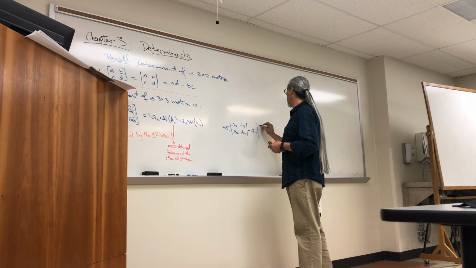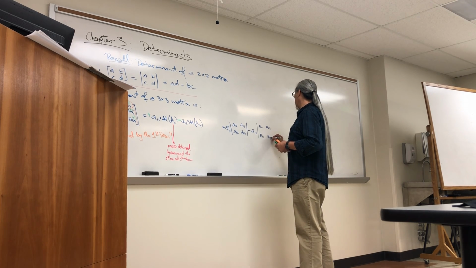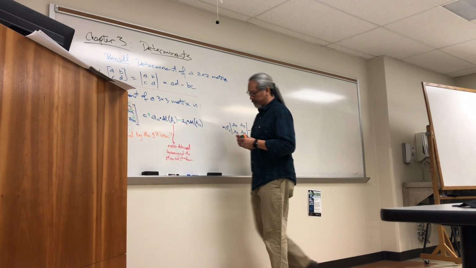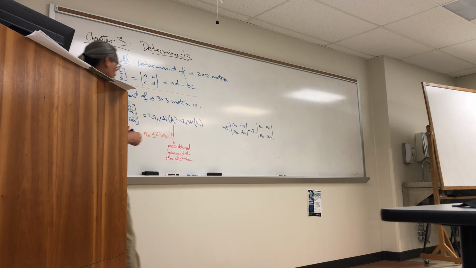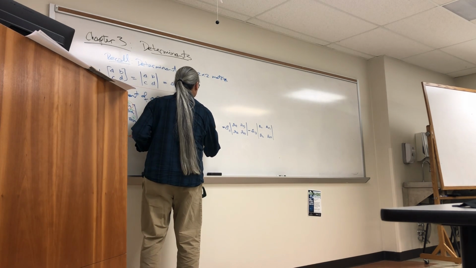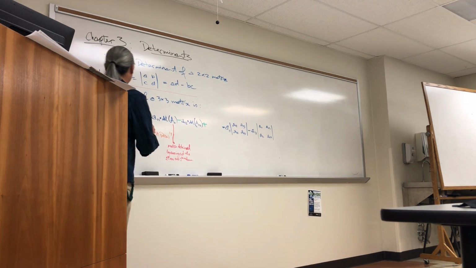So this is A21, A23, A31, A33. Determinant. Okay? And then the plus for this last one.